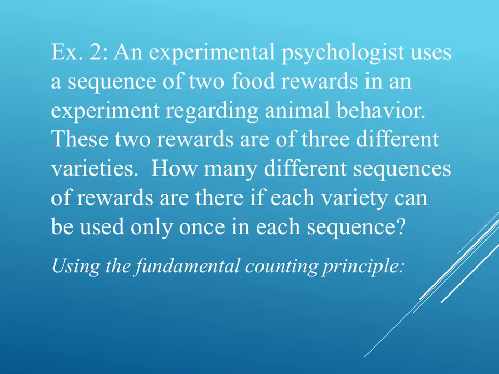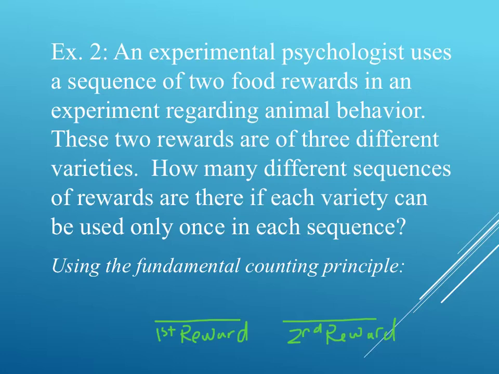Using the fundamental counting principle, the same example we just previously talked about, I have the first reward, that's my first stage, and then my second reward is the second stage. And now, to figure out the combinations, I need to figure out how many possibilities are in each one.